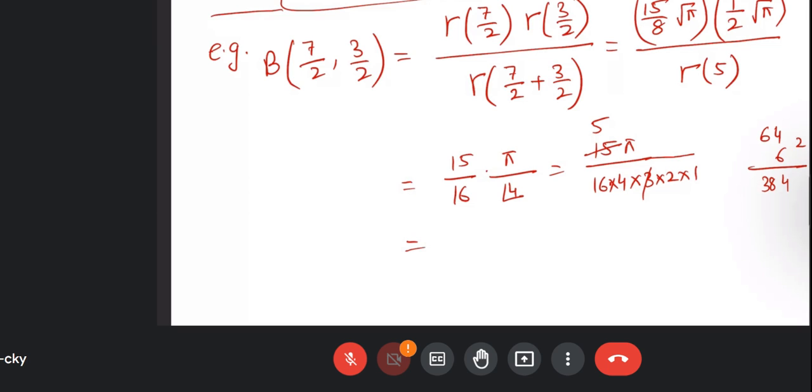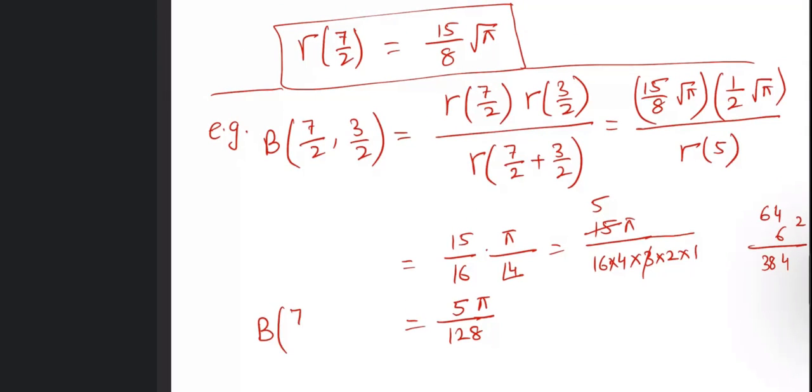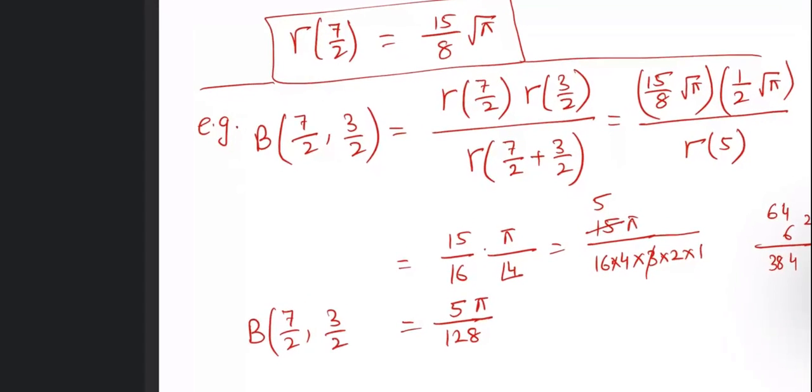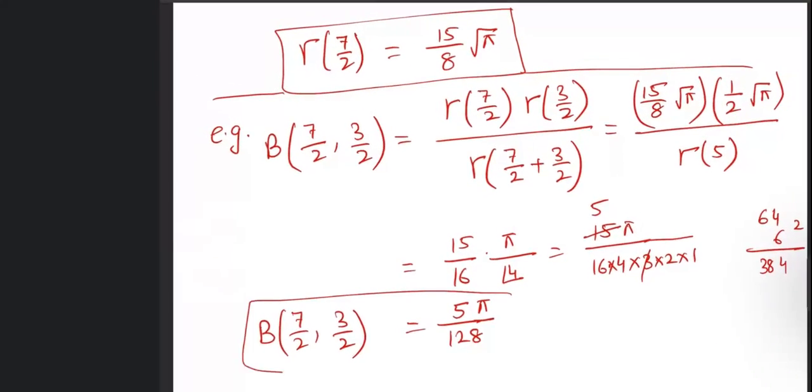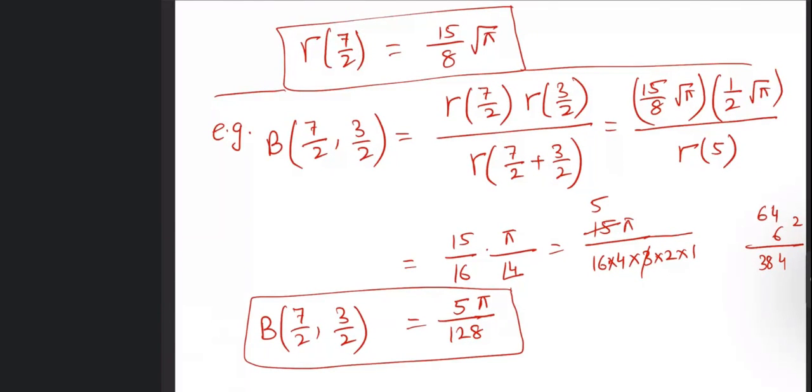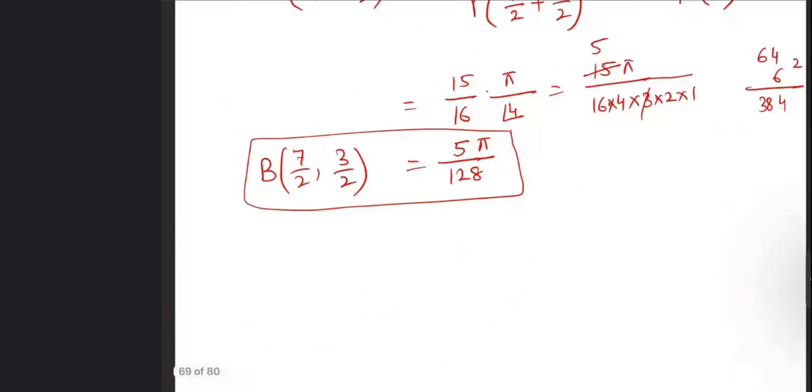So 5 divided by 128, that is 5 pi divided by 128 will be the value of beta of 7 by 2 and 3 by 2. This will be the value for beta 7 by 2, 3 by 2.